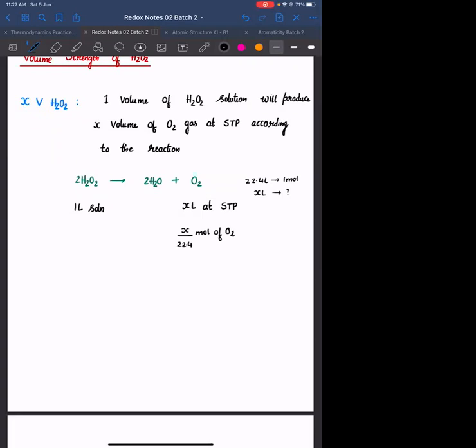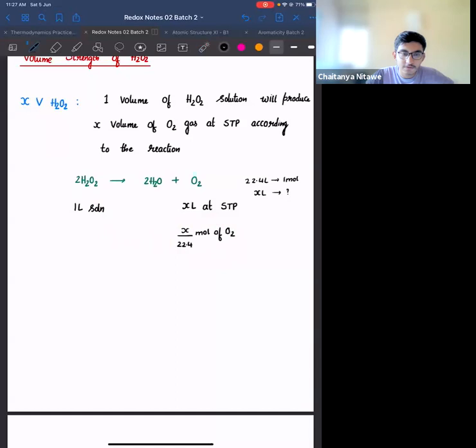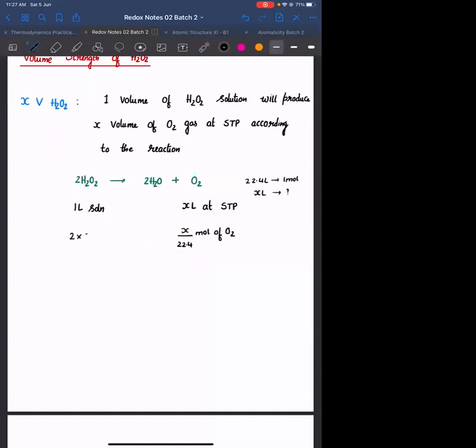Agreed? Okay. From the stoichiometry, 2 moles of H2O2 is giving me 1 mole of O2. So in order to obtain these many moles of O2, what should be the moles of H2O2? It is 2 into X upon 22.4 mole, which is equal to X upon 11.2 mole.